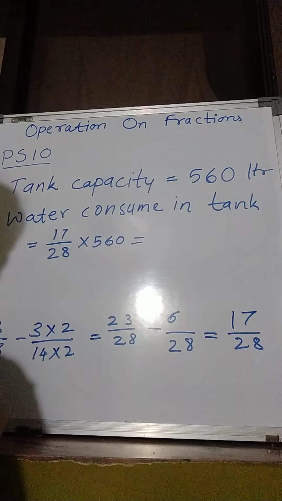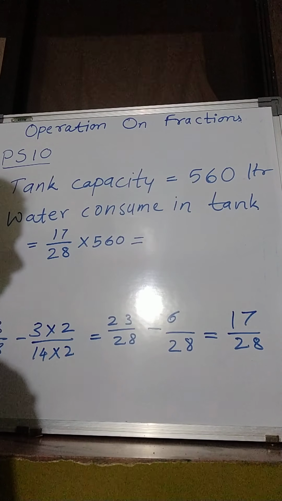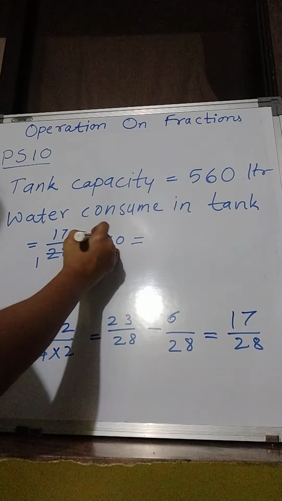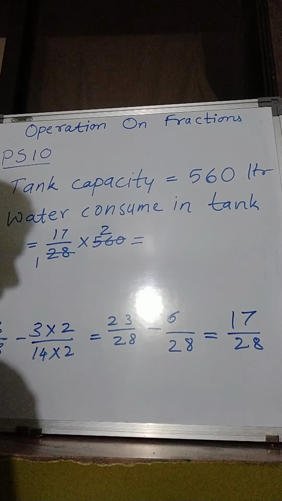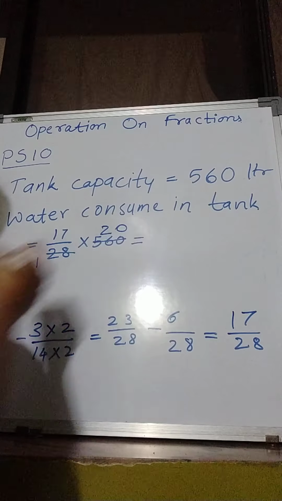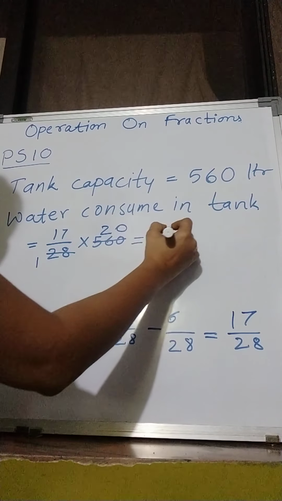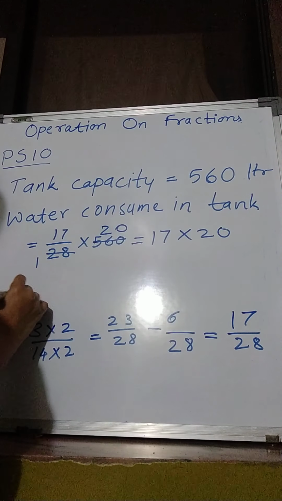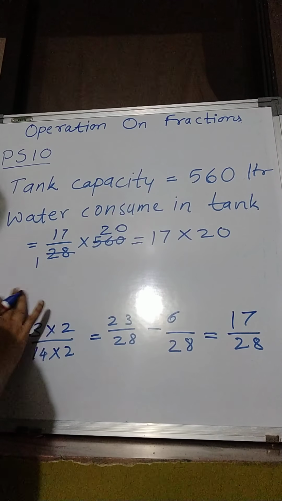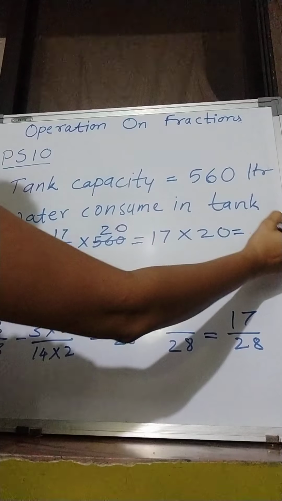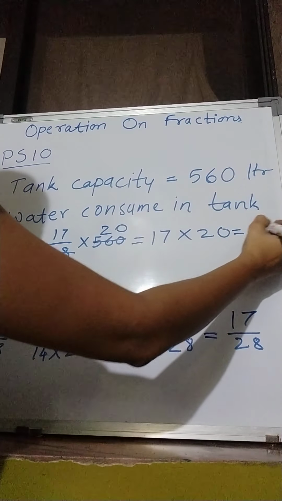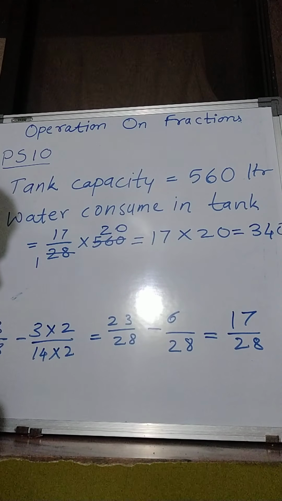Now see, in the 28 table, 56 is coming, right? In which place? 2's. So 28 ones are 28, 28 twos are 56 and zero is 0. Here what is the remaining? This one, right? Zero, write it as is. 17 twos are 34, right?